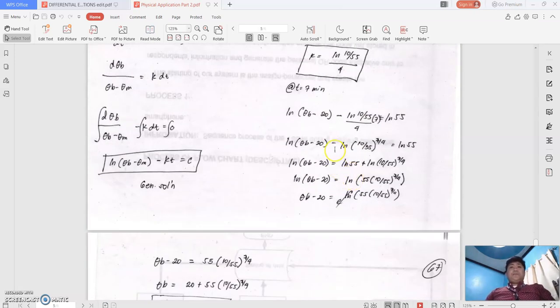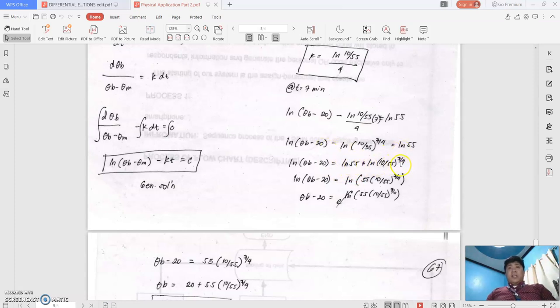After that, I plainly do 7 divided by 4, and multiply this by ln of 10 over 55. Since this is a multiplier to the ln, it becomes the power of the 10 over 55. After that, they are all ln. What I need to do is transpose this to the other side so that the temperature of the body remains on the other side.